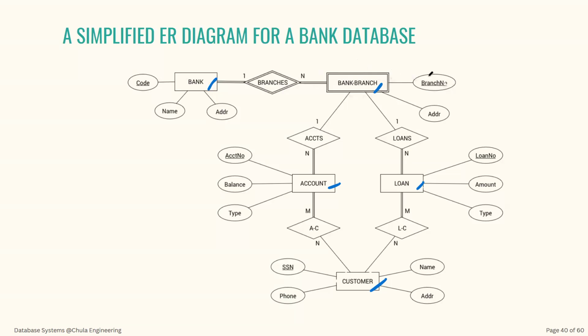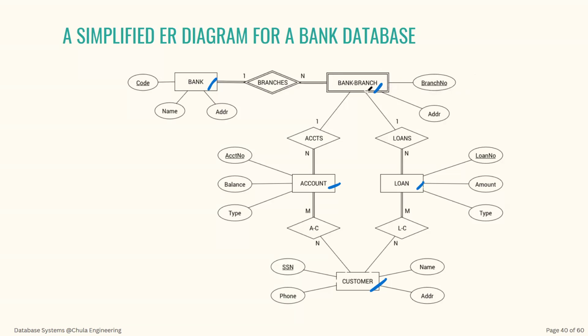It means that the branch number alone cannot identify it uniquely, so it has to belong to a bank. It uses bank code and branch number to identify exactly which bank and branch it is. But the question is, can I model bank branch as a strong entity? If bank branch has a unique identifier, then you can actually model it as a strong entity.